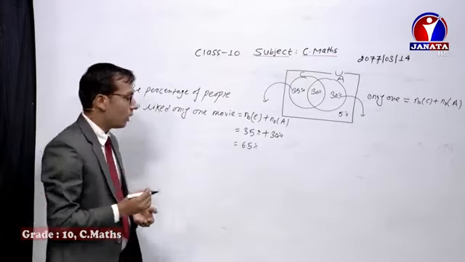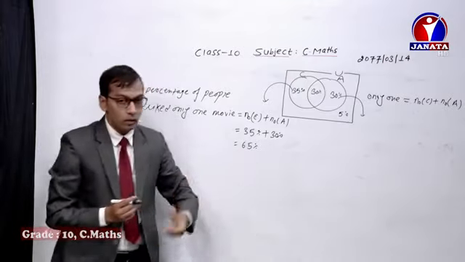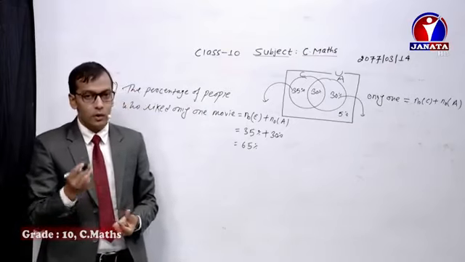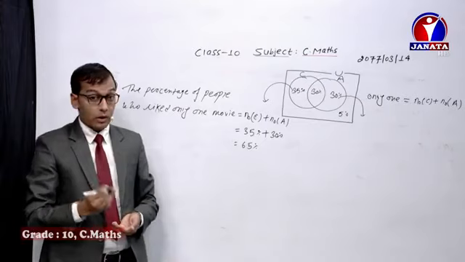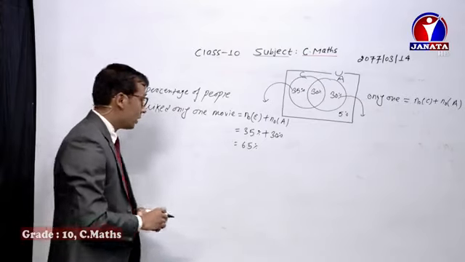So now to convert this percentage into a number, we have to use N of U. N of U is 3000, which we have already obtained.